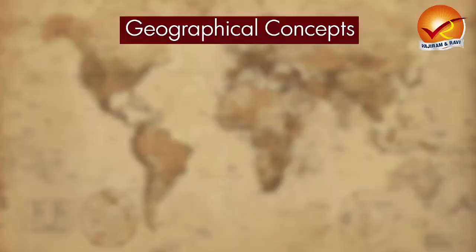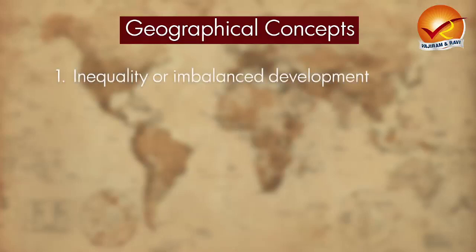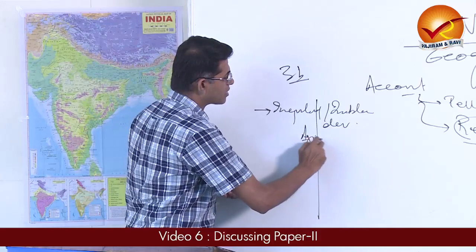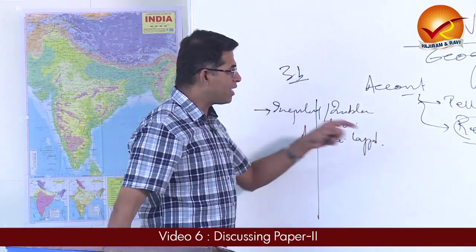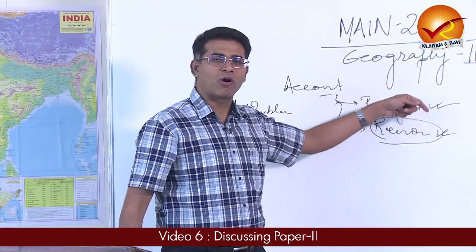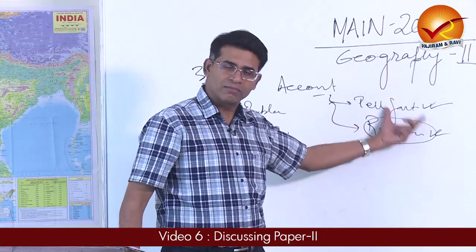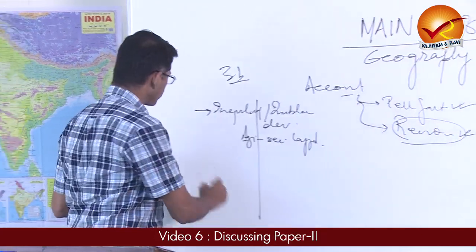Some of the geographical concepts we can bring in is the concept of inequality or imbalanced development, because of which the agriculture sector has been a big laggard, and India continues to import a lot of agriculture products. That creates deficit.